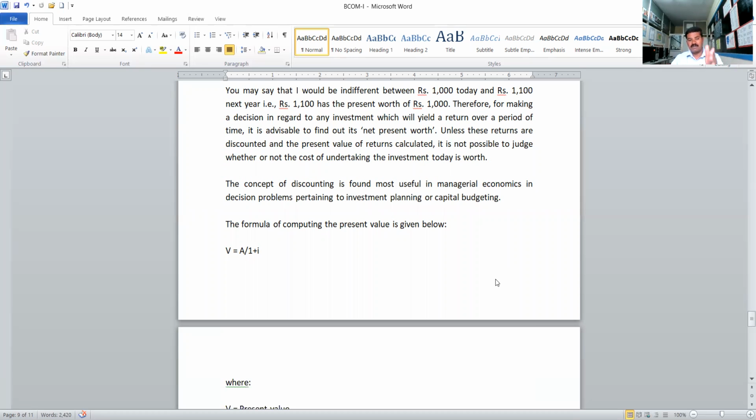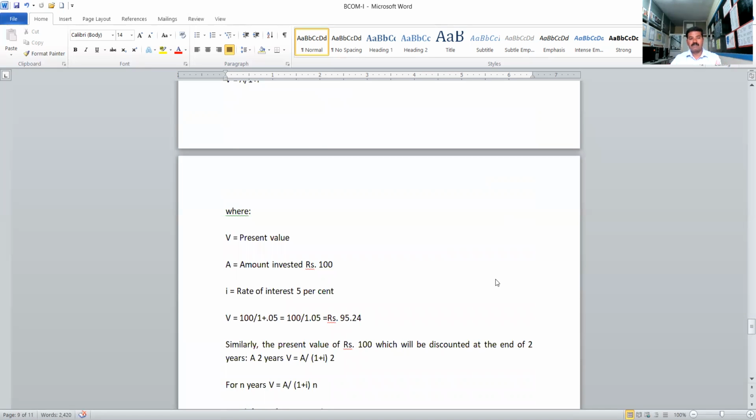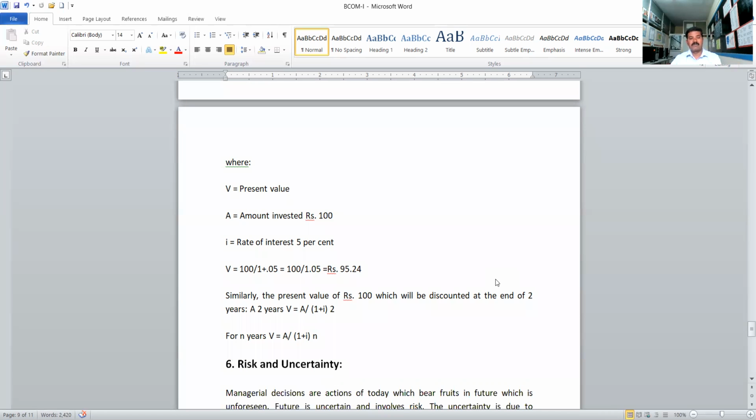V is equal to A divided by 1 plus i, where V is present value, A is amount invested, rupees 100, and i is rate of interest, 5%. V equals 100 divided by 1 plus 0.05, equals 100 divided by 1.05, equals rupees 95.24.